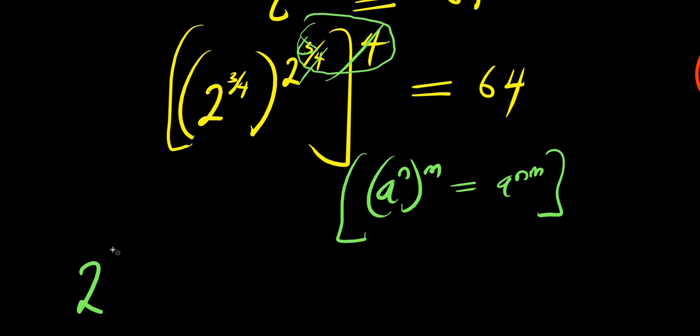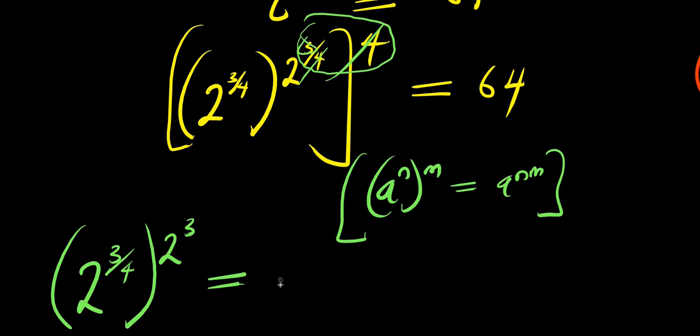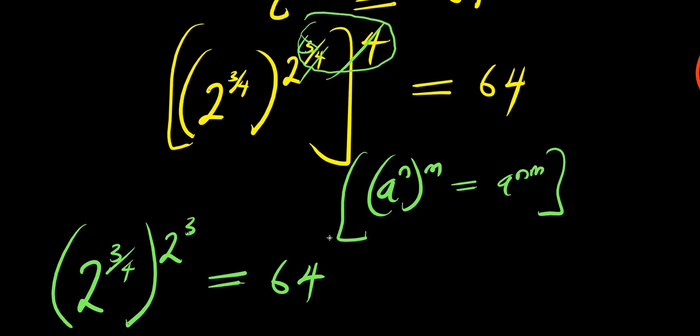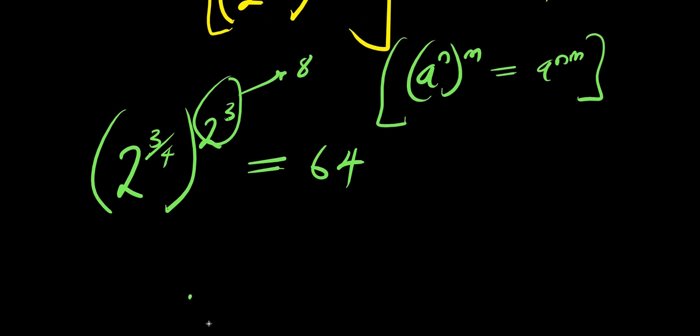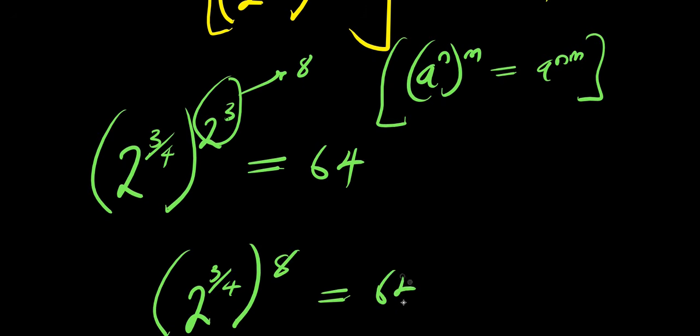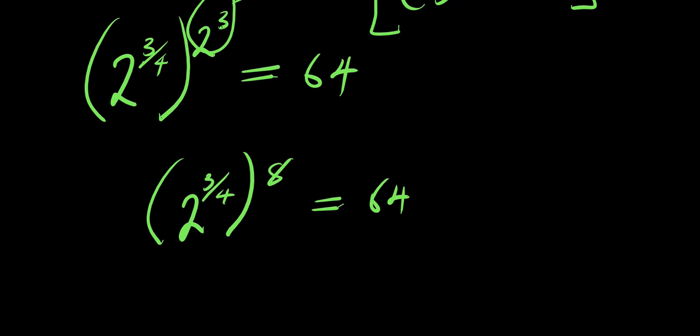You have 2 power 3 over 4 raised to the power of 2 power 3. And this equals 64. And remember, 2 power 3 is 8. So we are simply going to have 2 power 3 over 4 raised to the power of 8 equals 64. And from here, this 8 multiplies 3. That is 24.